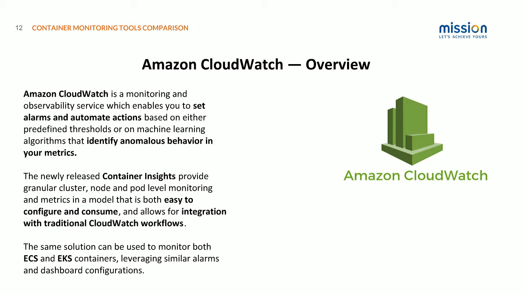And as you'll see as we go through this webinar, one of the major advantages is that it allows for integration with traditional CloudWatch workflows, be they escalation and alerting chains, or perhaps even kicking off other pieces of automation. But one of the larger benefits is that out of the box, you can use the same solution to monitor both ECS and EKS, largely within the same dashboard and leveraging similar alerting capabilities.